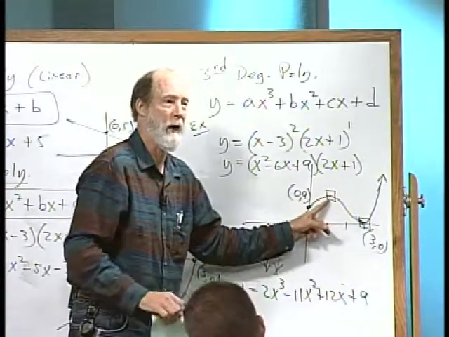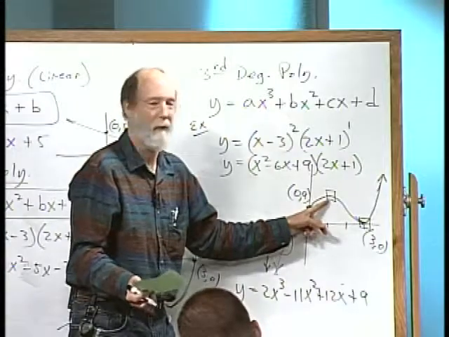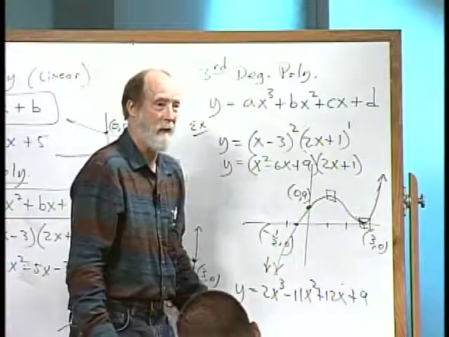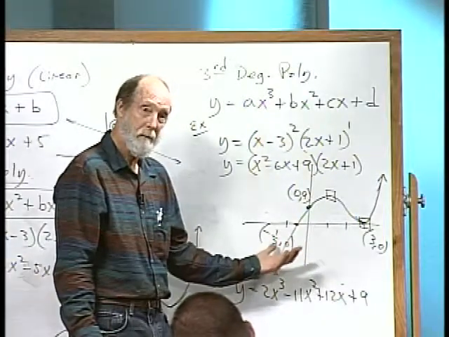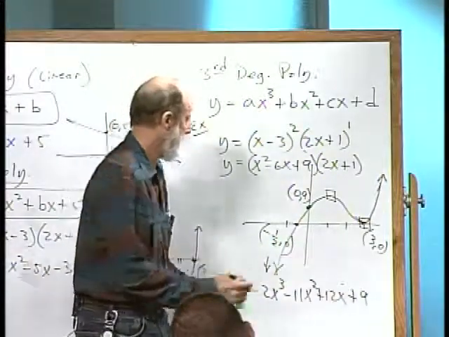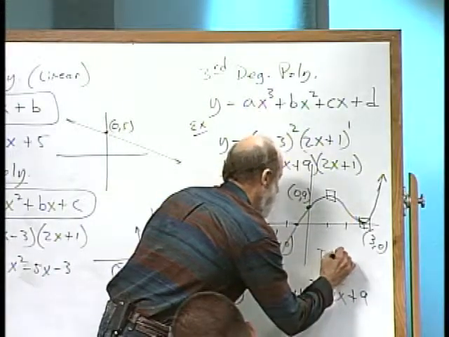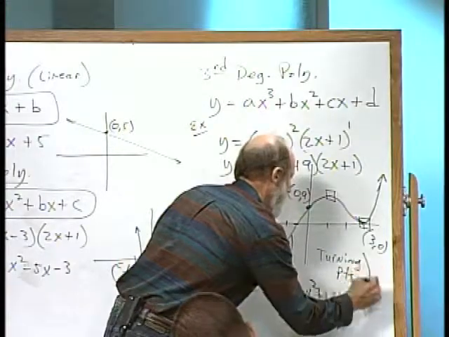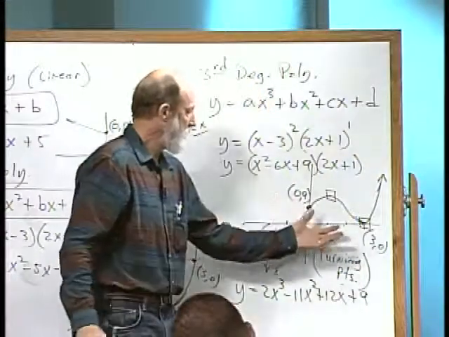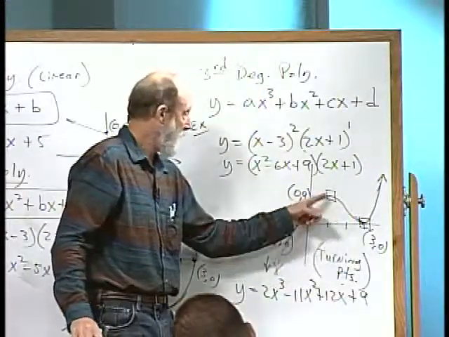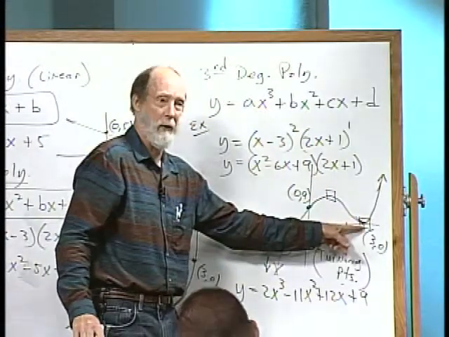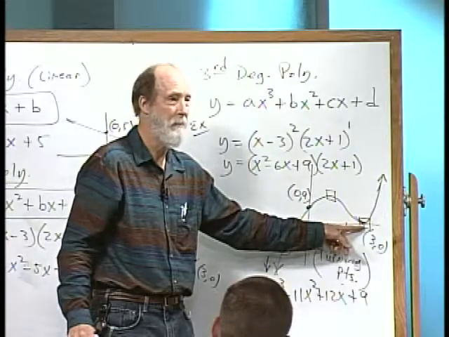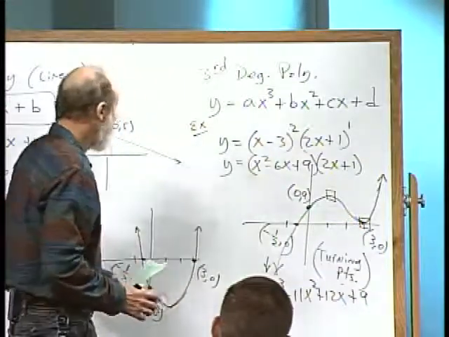So if you hear questions asking how many turning points does a polynomial have, then you have 2 turning points on this cubic. 2 turning points. And you've already been doing homework with finding maximum locations and minimum locations and how to do that with your technology. Okay? All right, so that's pretty handy.